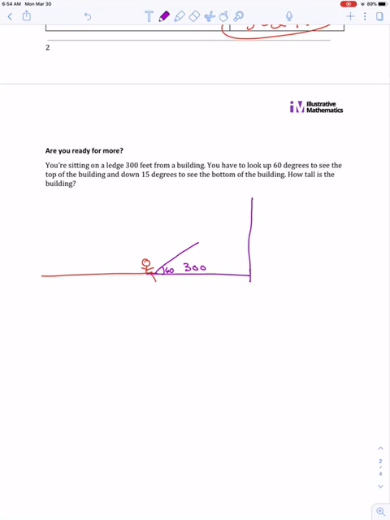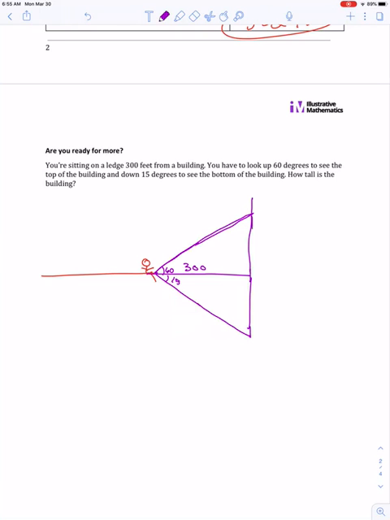So here's my building. I had to look up here to the top of the building. I had to look down 15 degrees to see the bottom of the building. Okay, so this is how the picture would be.